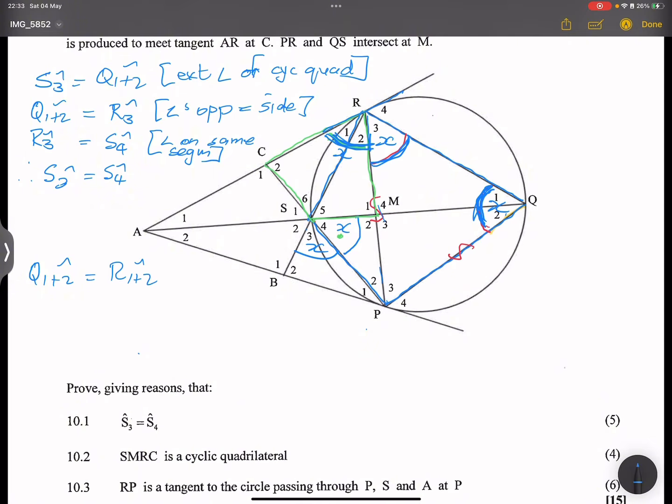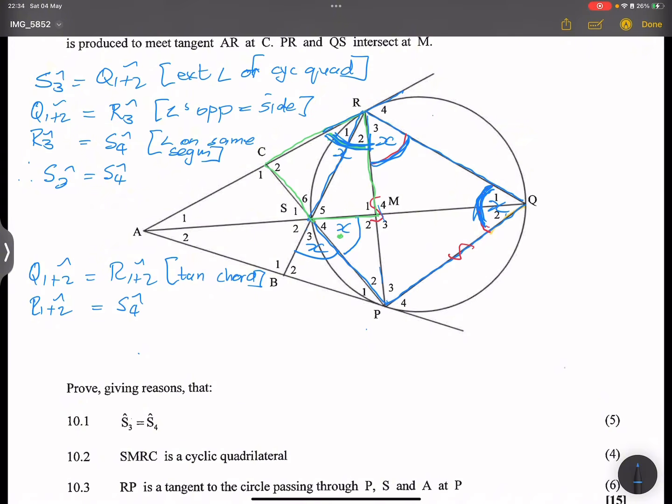Okay. And in this case, this is the tan-chord theorem. Okay. And then, in this case, that means that R1 plus 2 is therefore equal to S4.